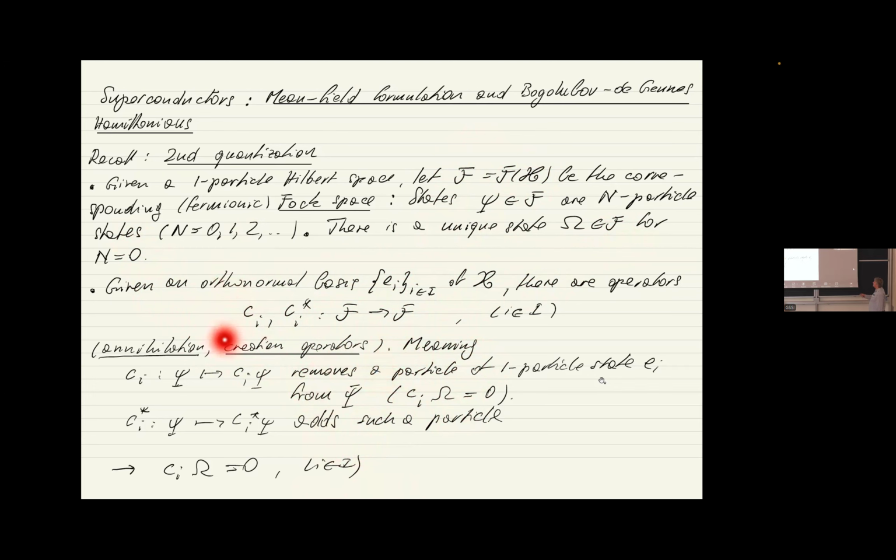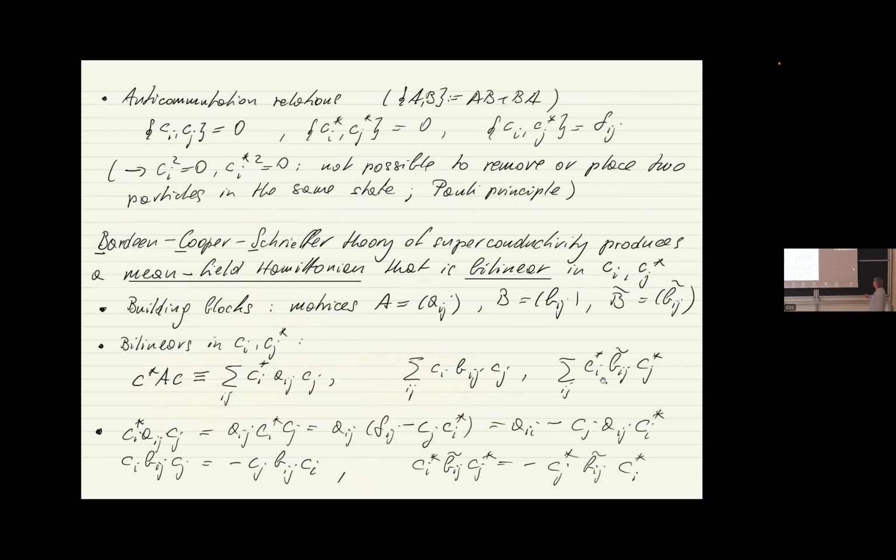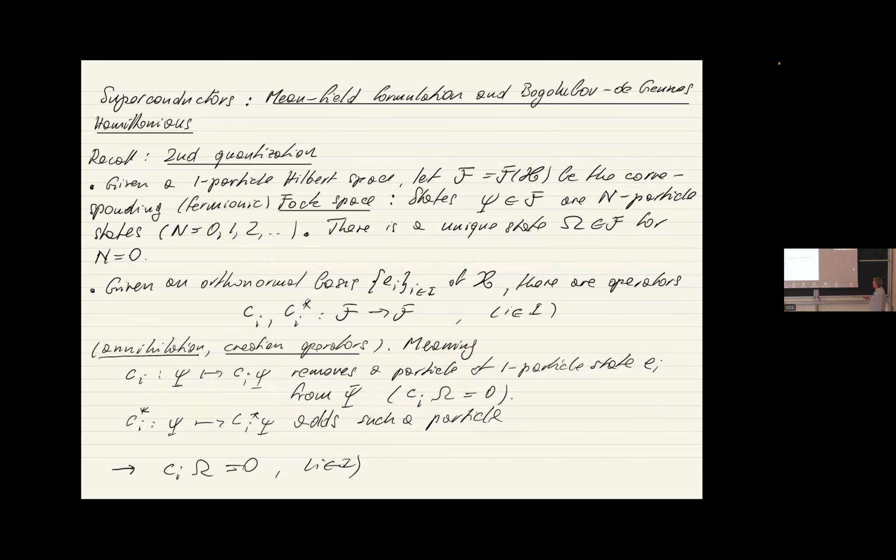First, it's a map of the Fock space to itself, sending psi to C_i psi, and that removes a particle from the state psi, in fact one in the one-particle state e_i.